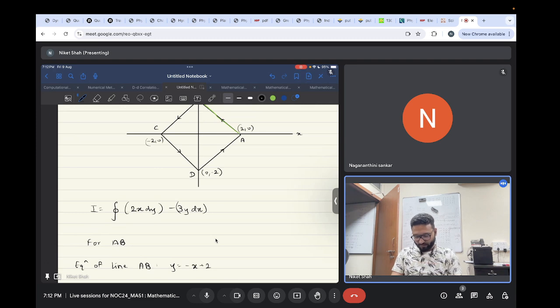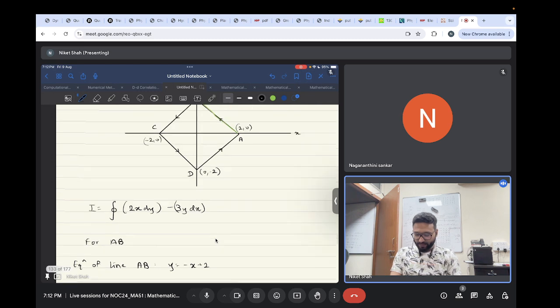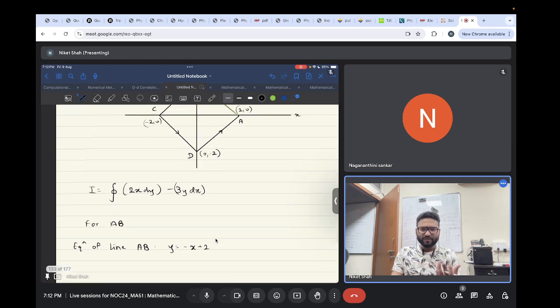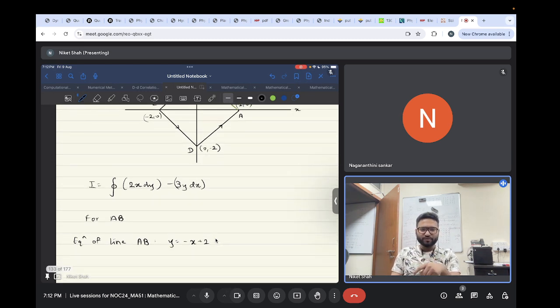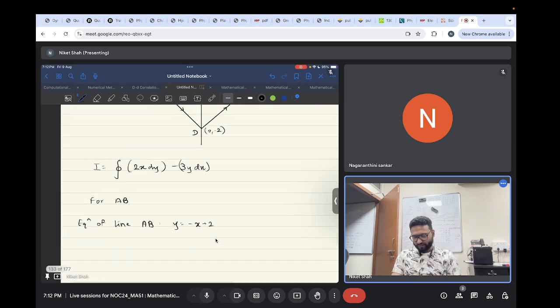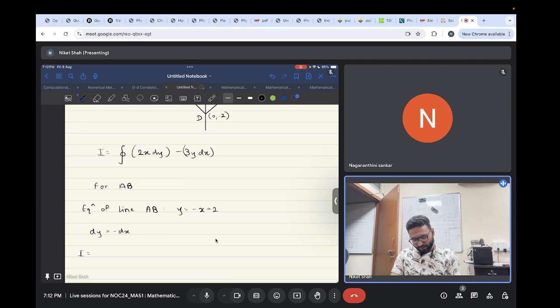This is the equation of line AB. You know the 2 points, you can just use that and get the equation of the line. Nothing fancy here. So now, because this is the path along which we are going, we can get a relation between dy and dx. So dy is equal to simply minus dx. That's it. Okay. Now let's put it here.